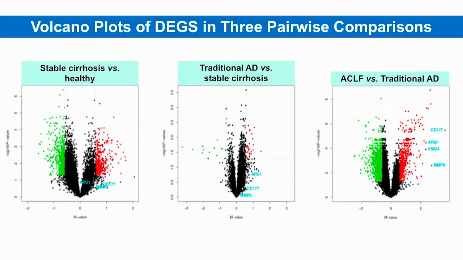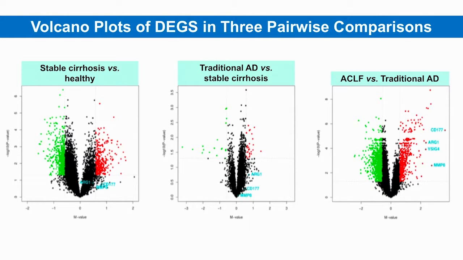And now we compared, you remember we had 4 groups of individuals. We compared stable cirrhosis with healthy subjects, traditional AD with stable cirrhosis, and ACLF versus traditional AD. This is a volcano plot. In the volcano plot, the red color indicates upregulated genes, the black color indicates genes which are not differentially expressed between the 2 groups, and green color indicates downregulated genes.